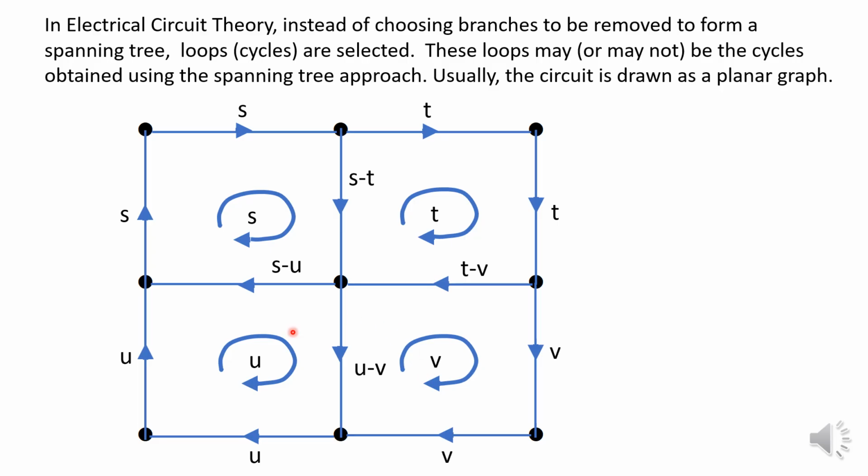You can just check algebraically that at each node here, the sum of the inputs equals the sum of the outputs. So this represents all of the possible currents in the circuit, satisfying Kirchhoff's current law.